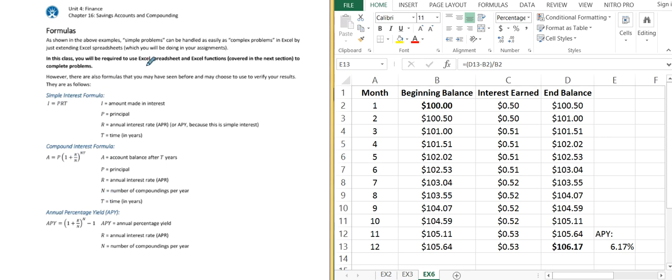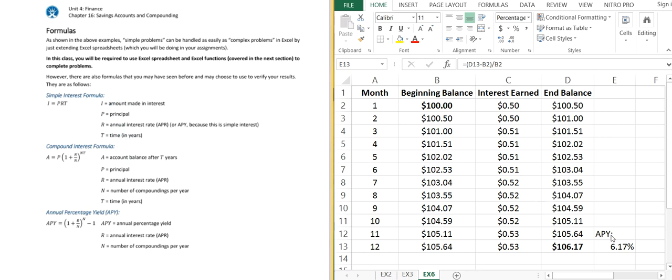You're going to either be doing Excel spreadsheets, and then later when we get to some shortcut formulas in the next section, it's going to be Excel functions we're going to use. So these are just here as a reference, and sometimes people just like to make the connection with material that they might have learned in a different class. But like I said, here we're not going to be using these.